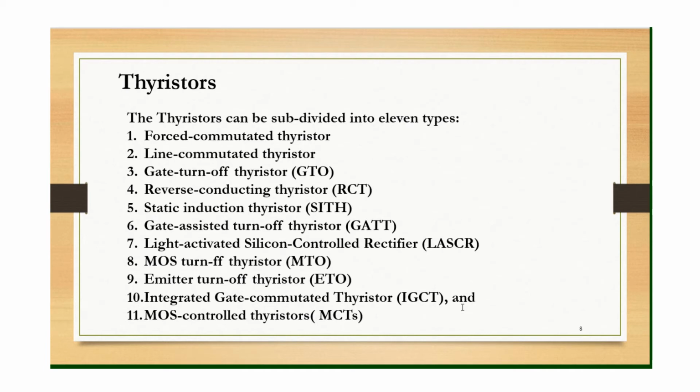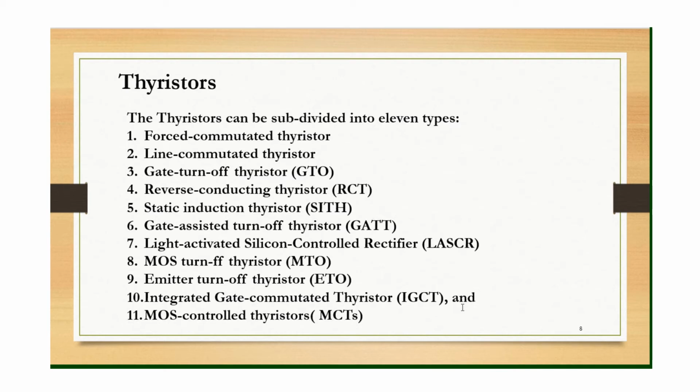So there is a forced commutated thyristor, line commutated thyristor, you have gate turn off thyristor, GTO, then you have reverse conducting thyristor, RCT, you have static induction thyristor, SITH, then you have gate assisted turn off thyristor, you have light activated silicon controlled rectifier, which is called LASCR, then you have MOS turn off thyristor, MTO, then ETO, then you have IGCT, integrated gate commutated thyristor, and MCT, that is MOS controlled thyristors.